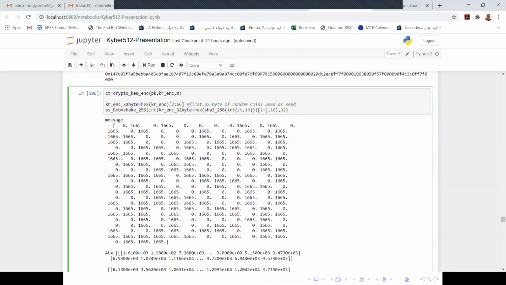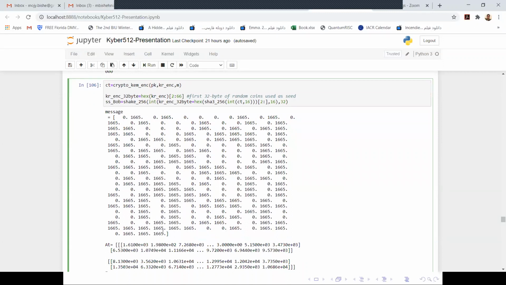As you see, the message here has 256 elements, and all elements are only 0 or (q minus 1) over 2, which is this value, as you see.